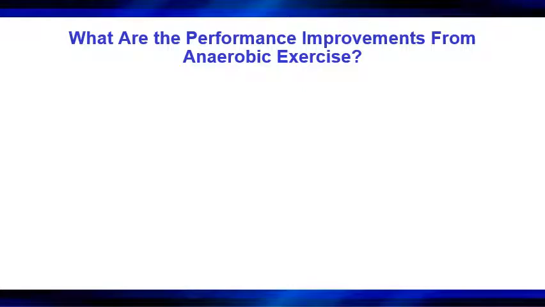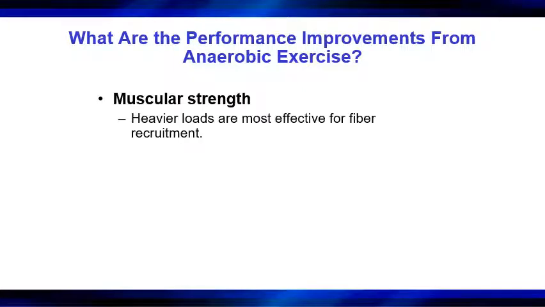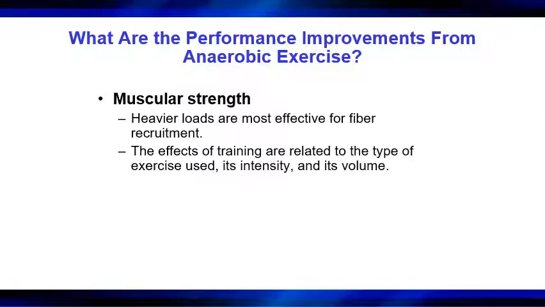So what are the performance improvements from anaerobic exercise? Muscular strength. Heavy loads are the most effective for fiber recruitment. We talked about the importance of heavy loads with the endocrine response and things of that nature. The effects of training are related to the type of exercise used, its intensity and volume. So again, making sure you're picking those ideal parameters for the effects that you want is going to be very important.